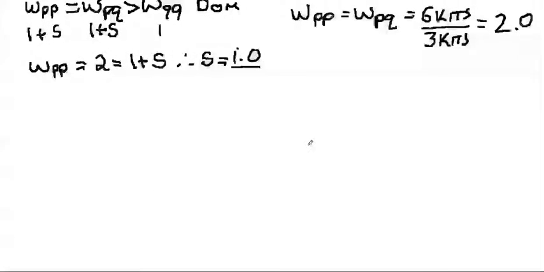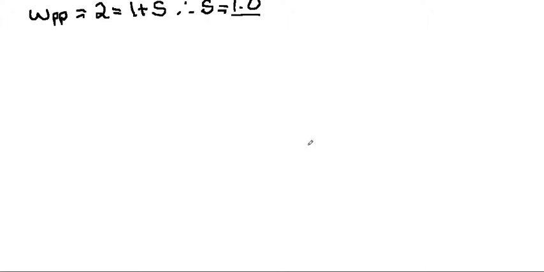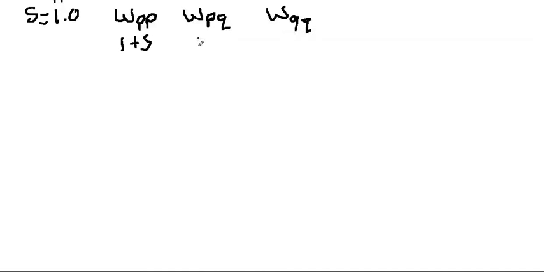So we are now at the point where we know the selection coefficient is 1.0, therefore WPP, WPQ, WQQ is 1 plus S, 1 plus S, 1 plus S. So this is going to be 2, 2, and 1.